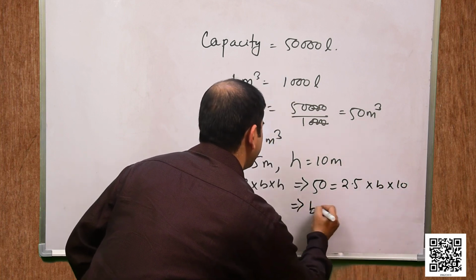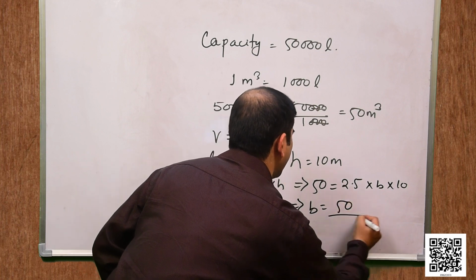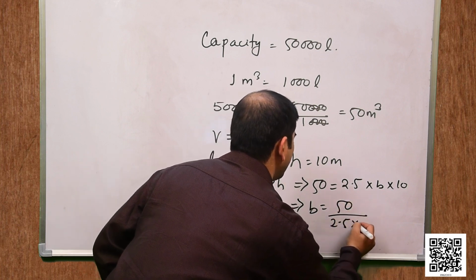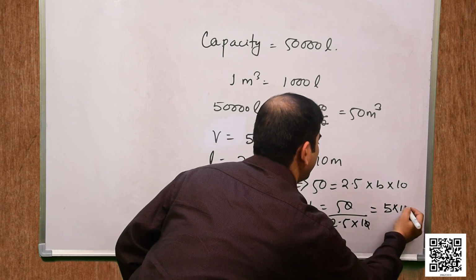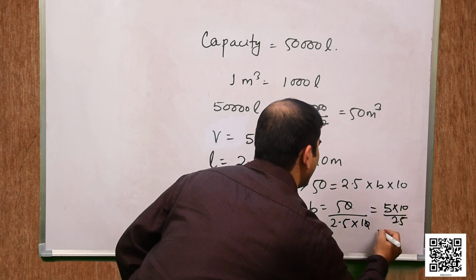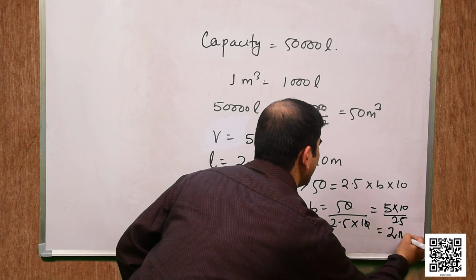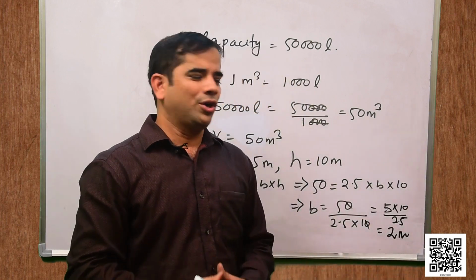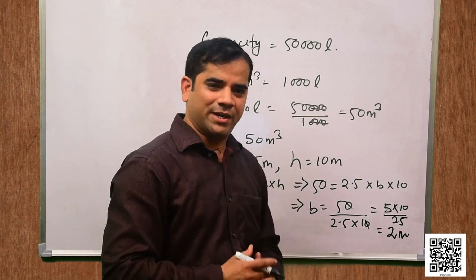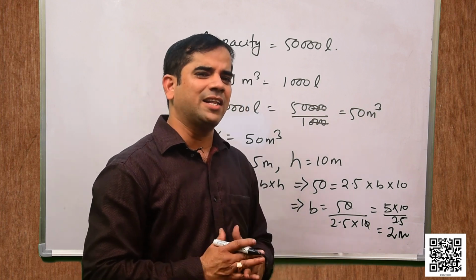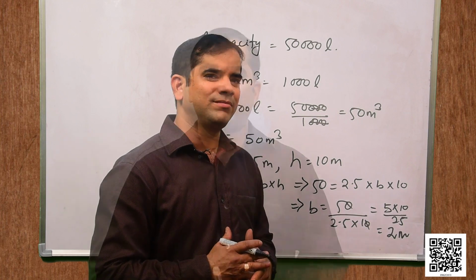That implies B is equal to 50 divided by 2.5 into 10, or 5 into 10 by 25, which is 2 meter. So, the breadth of the tank is found to be 2 meter. Hope you clearly understand the solution of this question.